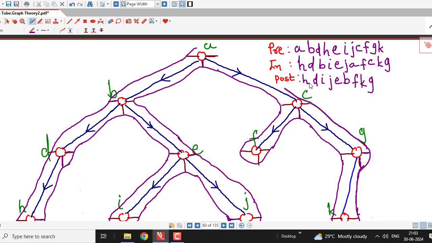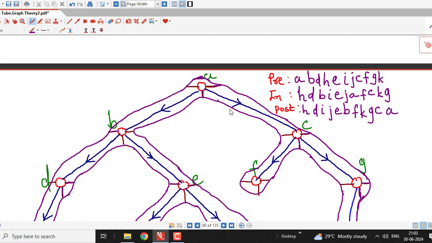For C I have to write in post-order, and finally for A we have post-order, and we finish our closed curve traversal. We started with vertex A, and we are ending with vertex A. So in this order, pre-order, in-order and post-order will visit the vertices of the given rooted tree.